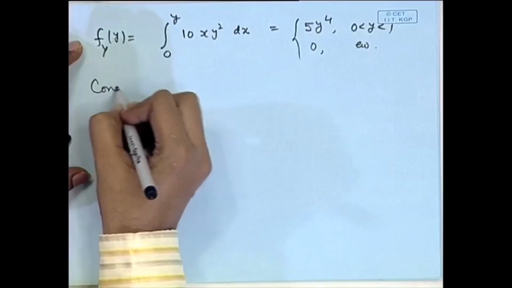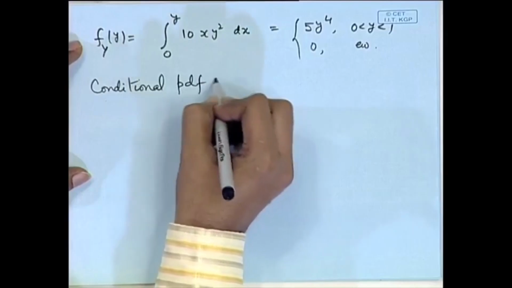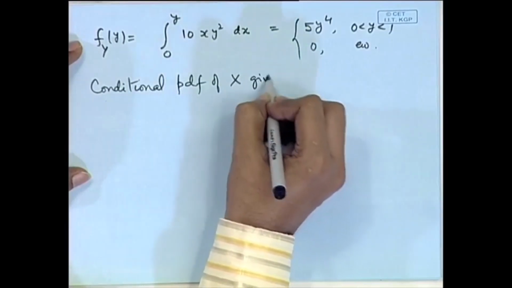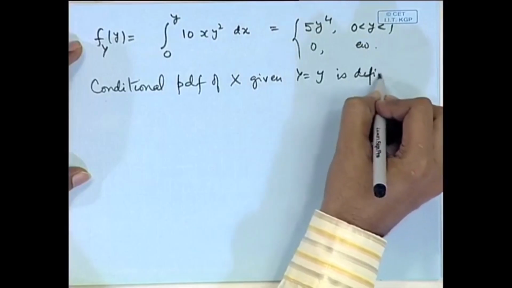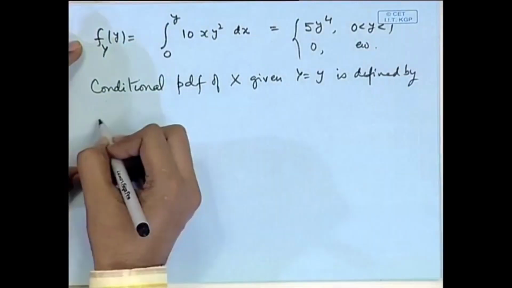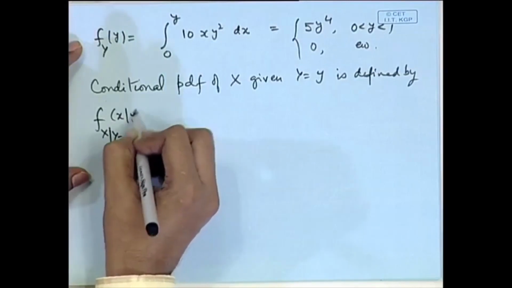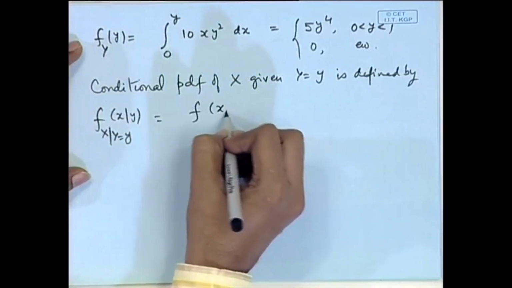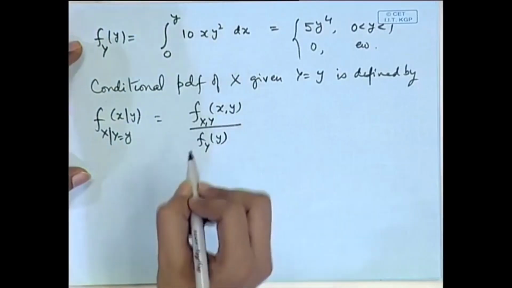The conditional PDF of x given a value of y is defined by f(x given y) equal to the joint distribution of x, y divided by the marginal distribution of y.